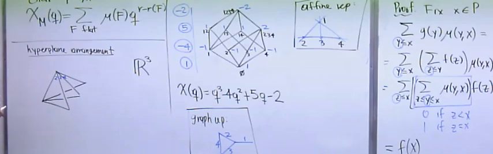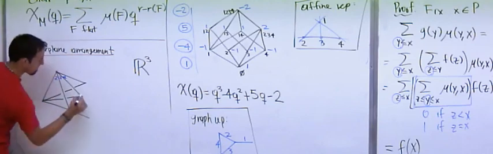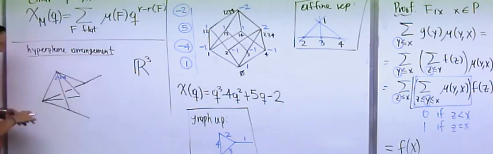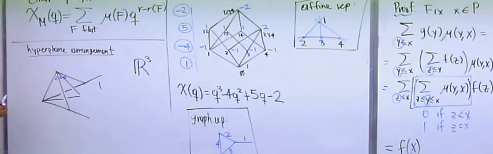And then I want to consider another hyperplane, another plane, and I'm going to let it be this one over here. This plane is going to be my plane 1. So it's like the floor of this.